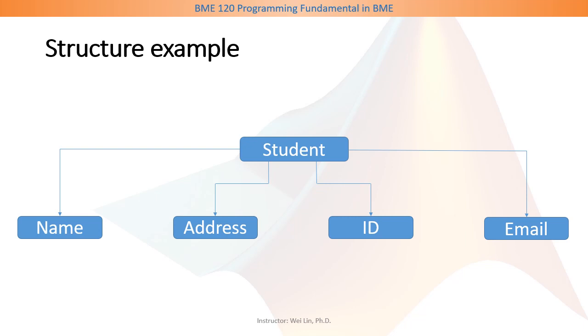It has a name called student. It has 4 fields with field names as name, address, ID, and email. Among the 4 fields, name, address, and email can be strings, and the field ID can be an integer.